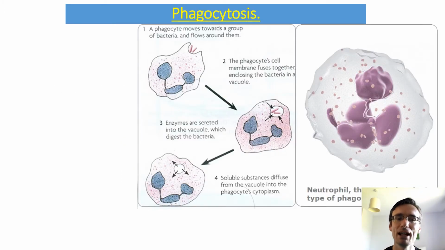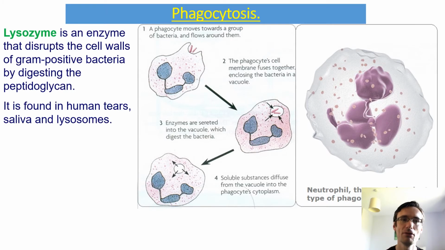So what happens in the process of phagocytosis? Basically, you have a series of events happening. You start off with the bacteria or the pathogens. There it is here. The phagocyte moves around it and engulfs it. The phagocyte cell membrane then fuses and encloses the bacteria in a vacuole.